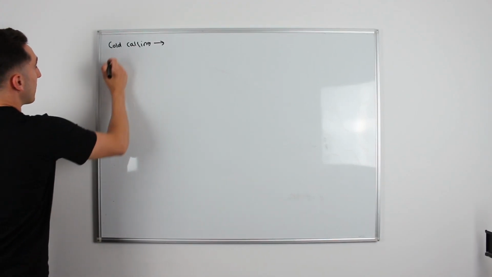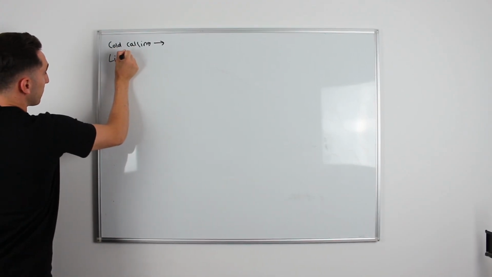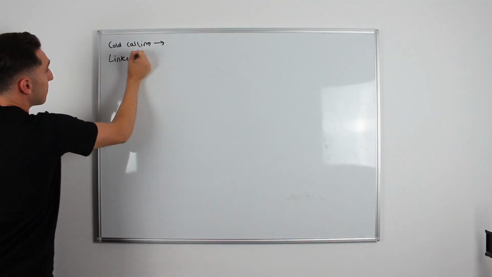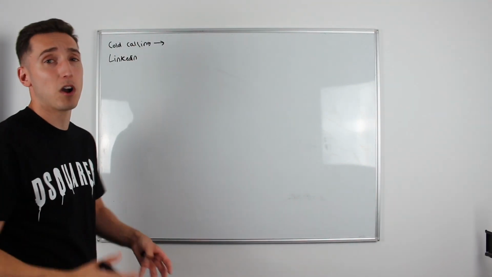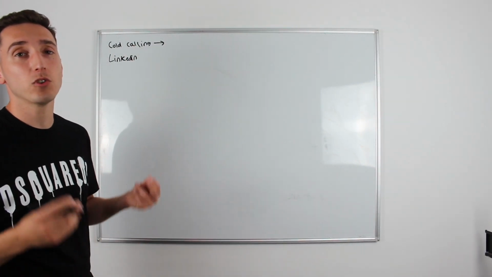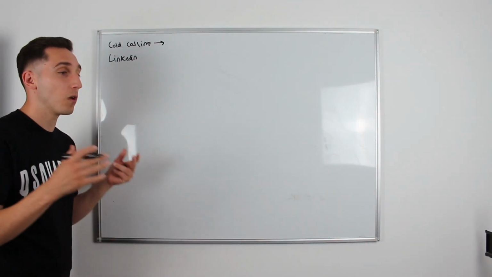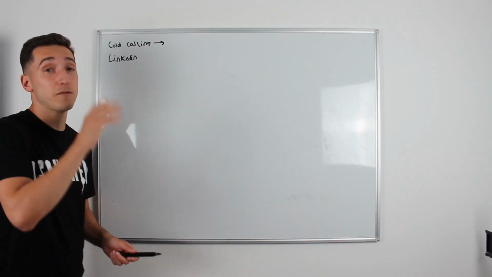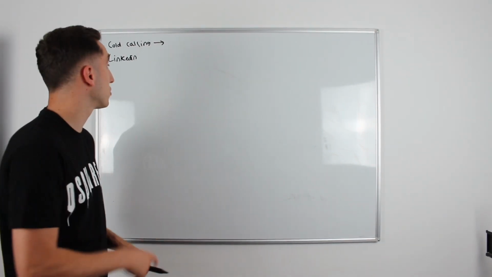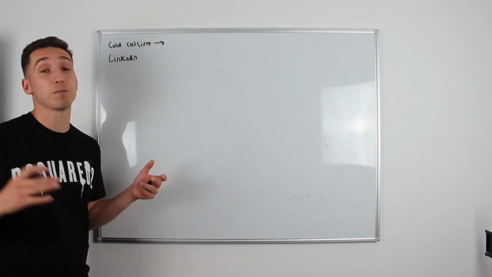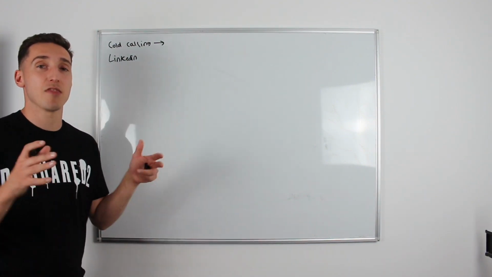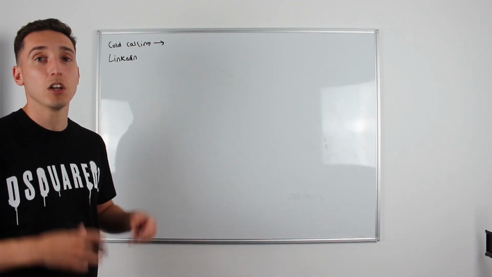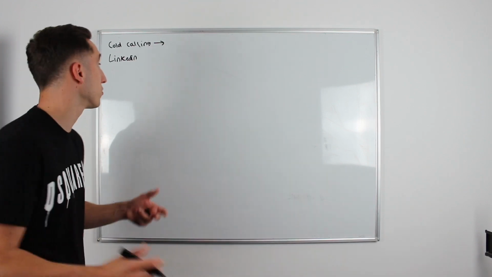So we've got cold calling, we have LinkedIn. LinkedIn is the biggest professional B2B networking place there is in the world. If you're not utilizing LinkedIn, then you are seriously missing out, even if you're targeting local businesses, because the local businesses that have got 10 employees plus are on LinkedIn, and they're the businesses you want to be targeting because they've got the revenue to pay for your service.